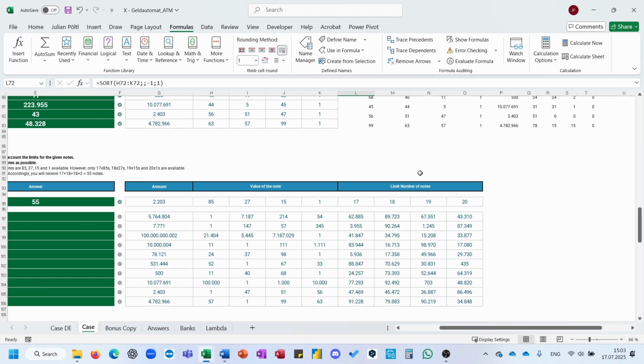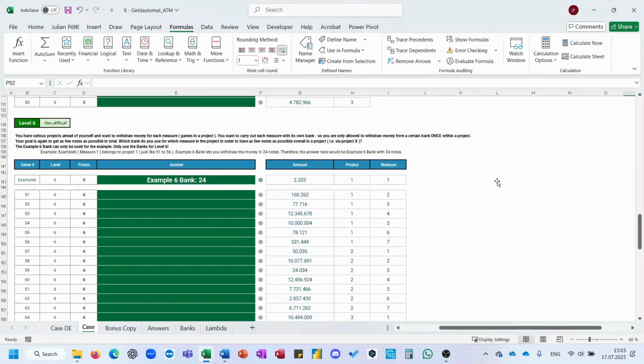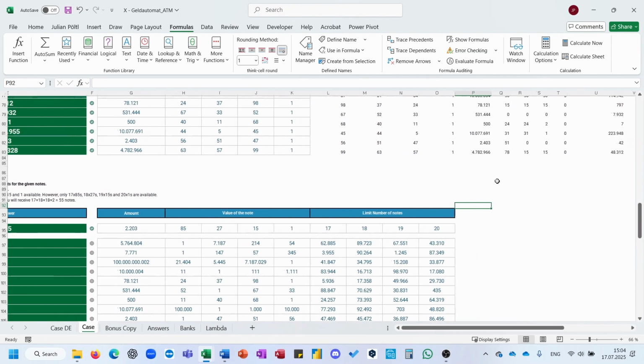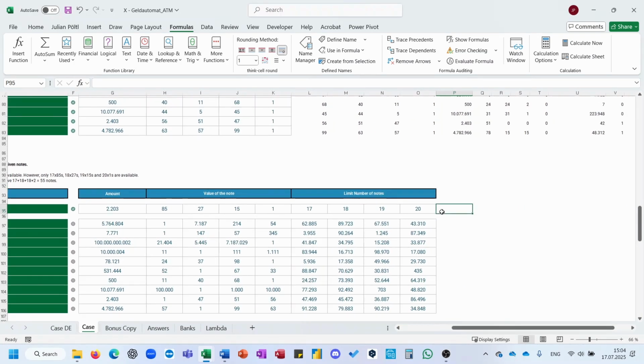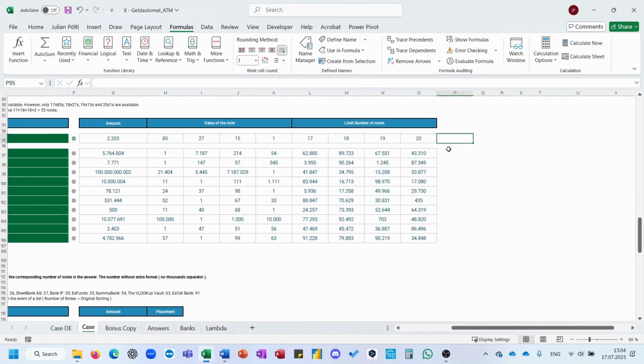It has also a limit of numbers of notes you can get. And since the other levels are dependent on this level, I might want to create a lambda for this. I could start with making this a lambda, but I think I'll write it from scratch.